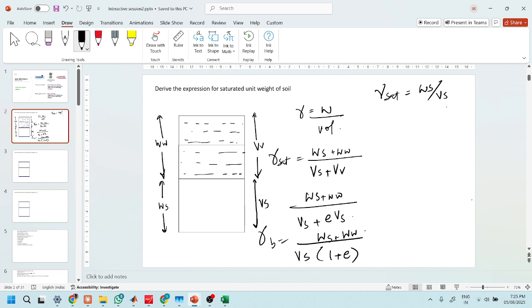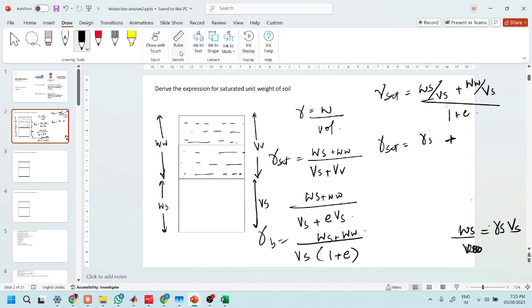That is weight of solids over volume of solids plus weight of water over volume of solids, divided by 1 plus e. Gamma saturated will be weight of solids over volume of solids, which is gamma s, plus the weight of water term. Weight of solids is equal to gamma s times volume of solids.